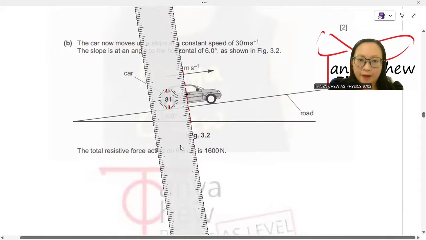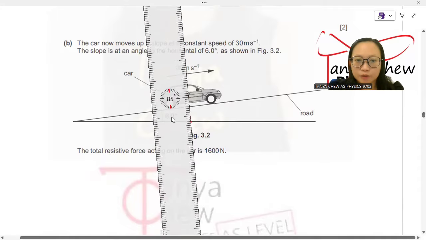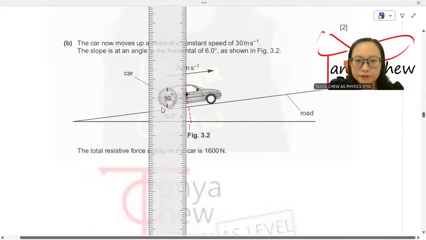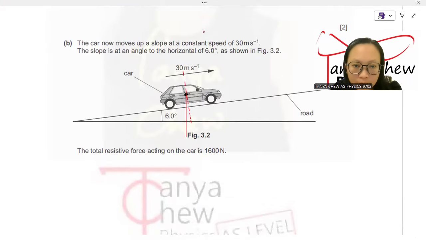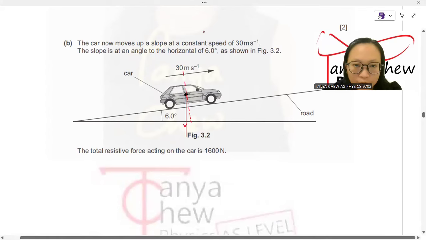I want you to remember that weight is acting vertically downwards. So this is where the weight of the car is acting.